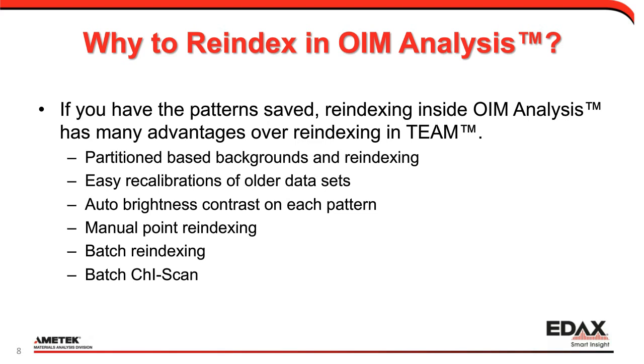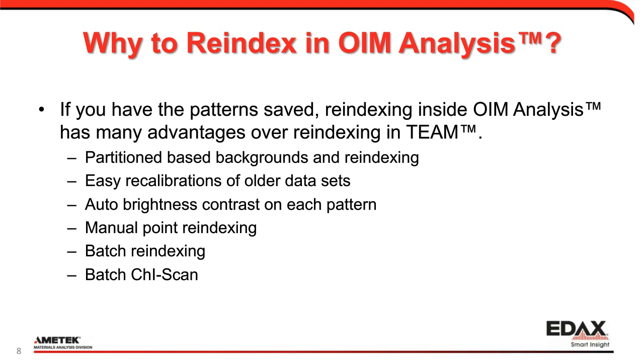Since we have the EDS data with us when we come over to OIM Analysis, I can use chemistry-assisted indexing along with NPAR to run both at the same time. So I'm able to do partition-based work, batch processing, and recalibrations. There's just a whole bunch more of these tools at my disposal now that I'm doing some of my indexing and reindexing offline instead of inside of Team.